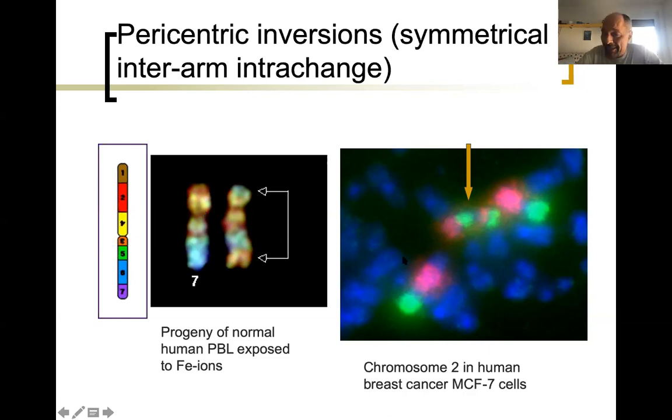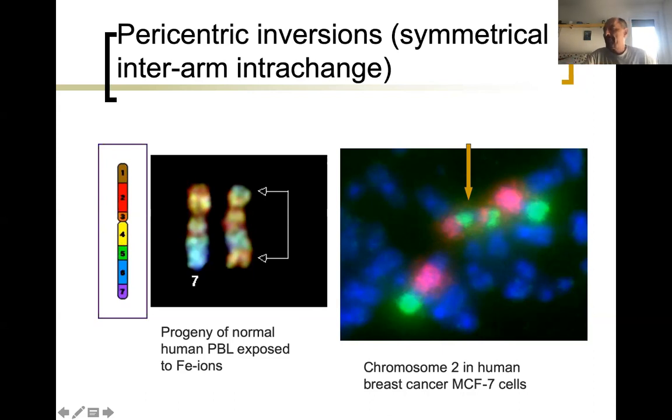You see very nicely if you use arm-specific probes, because the normal chromosome will be green, P-arm is green, Q-arm is red. If you have a pericentric inversion, you will have green, red, of course, because you have to switch the chromosome here, you break here, and so you change the order.